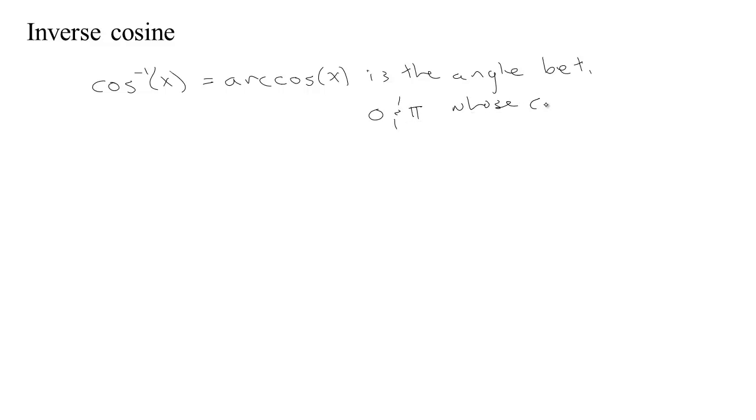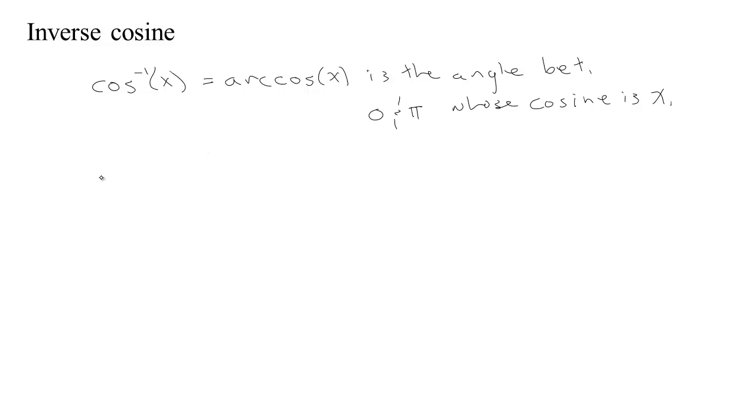So the cosine inverse, or the arc cosine of a number, is the angle between 0 and pi whose cosine is whatever x you're given.